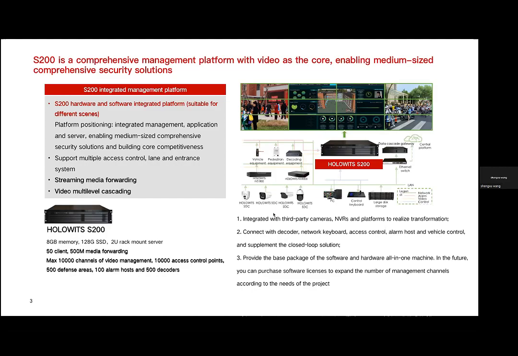So it is 256 licenses free for the customer. That means if your project is under 256 device channels, you do not need the extra channel license. And in the future, if your project goes over 256, you could purchase the software license to expand the number of management channels according to the needs of the project.